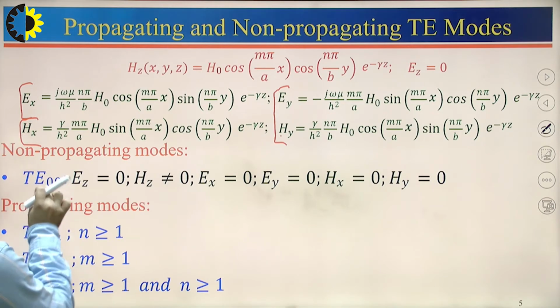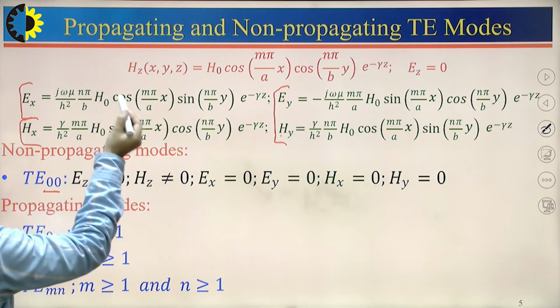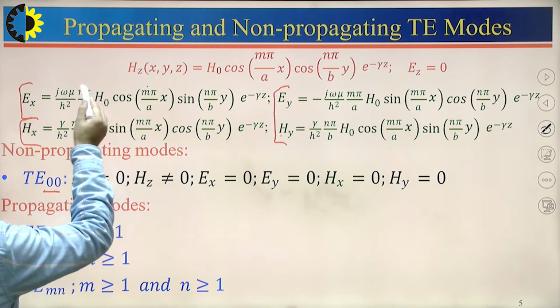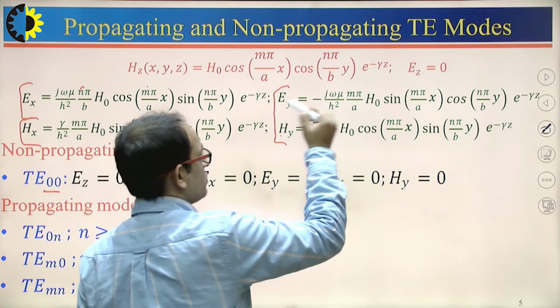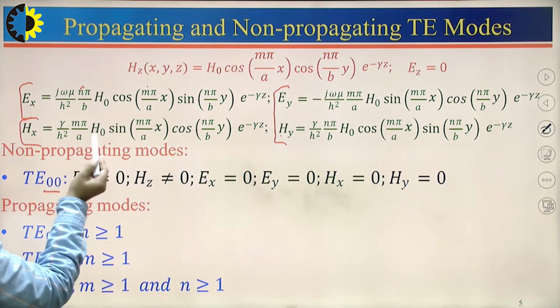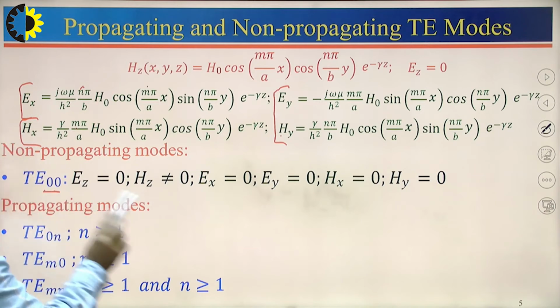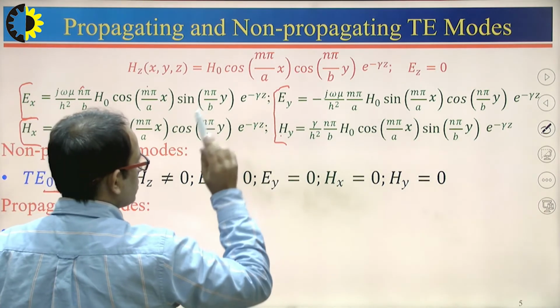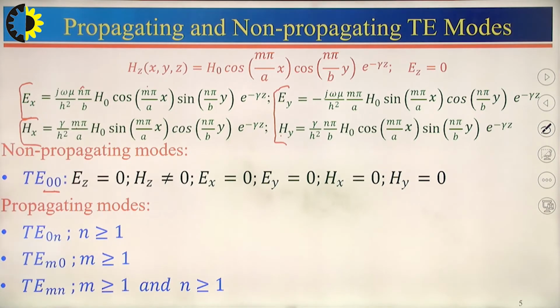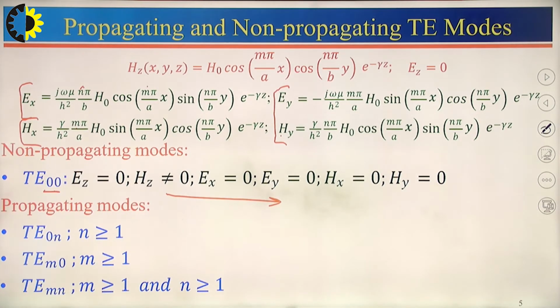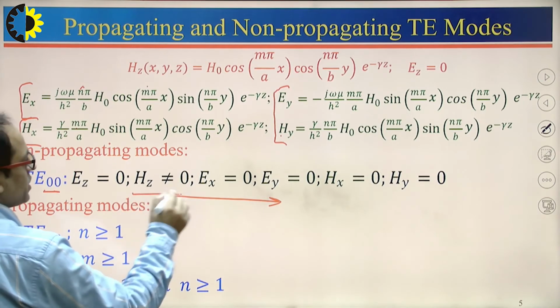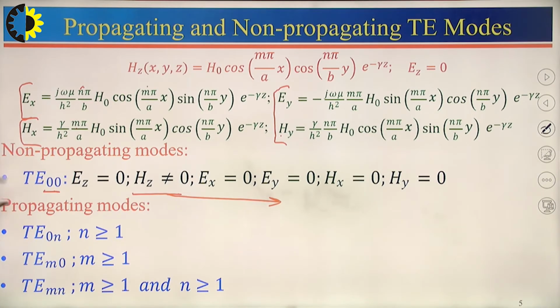On putting m equal to 0 and n equal to 0, Ex comes out to be 0, Ey comes out to be 0, Hx comes out to be 0, Hy comes out to be 0, meaning all field components are 0 except Hz, which is not equal to 0. That's why the TE 0 0 mode does not exist inside the rectangular waveguide.